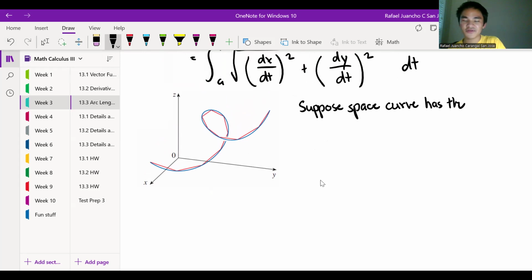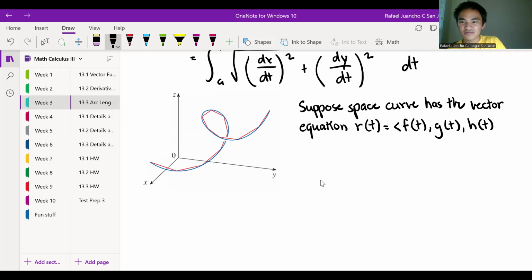And for a plane curve, we use a function. Has the vector equation. We're going to use R of t maybe. R of t has component functions f of t, g of t, h of t. These could be any, honestly. So these are parametric.